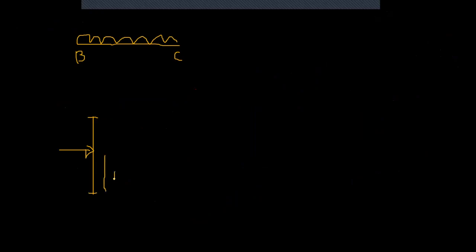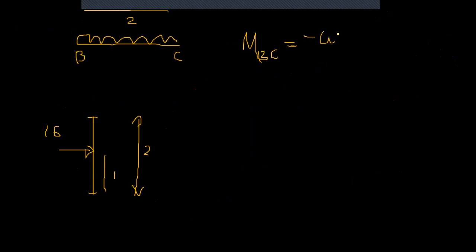So the fixed end moment at BC is equal to, from the appendix you used earlier, minus WL squared over 2L. The appendix was used in the first video, you remember?